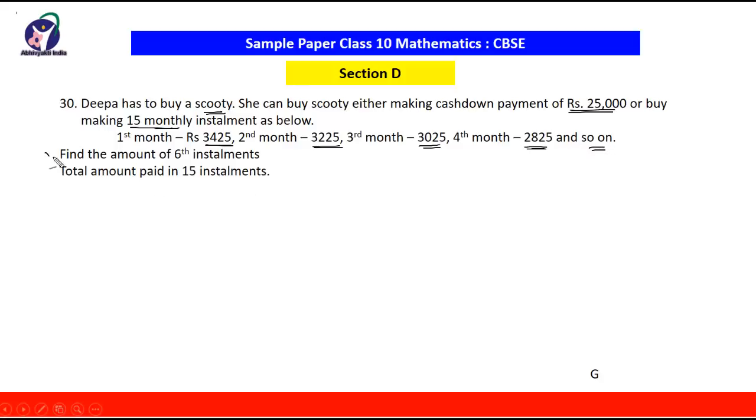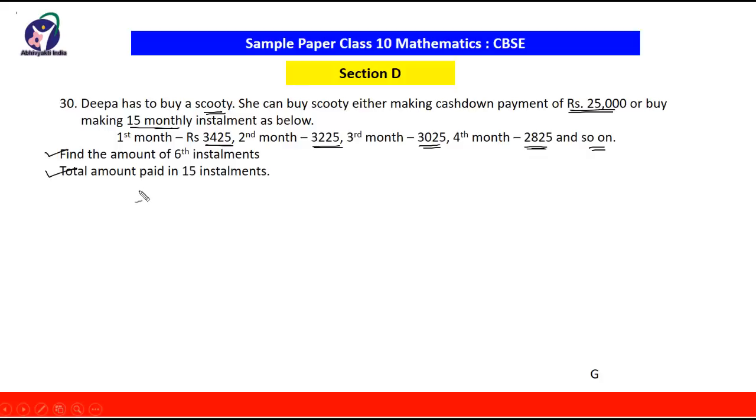The question asks to find the amount of the sixth installment, and the second question is the total amount paid after the 15 installments.